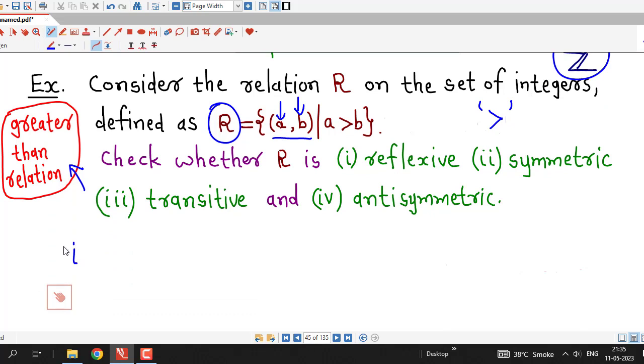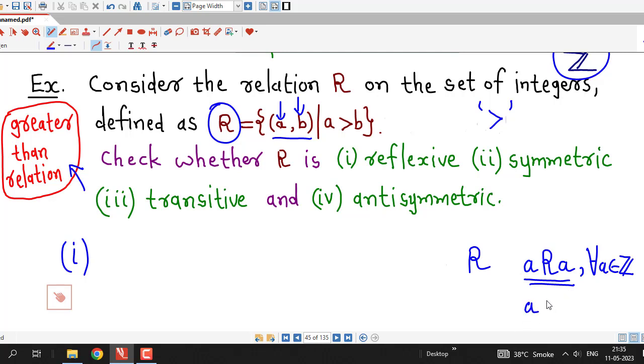First we check for the reflexive property, and we know that a relation R on a given set is reflexive if every element is related to itself. If for all the elements in a given set that element is related to itself, then we say that the relation is reflexive.